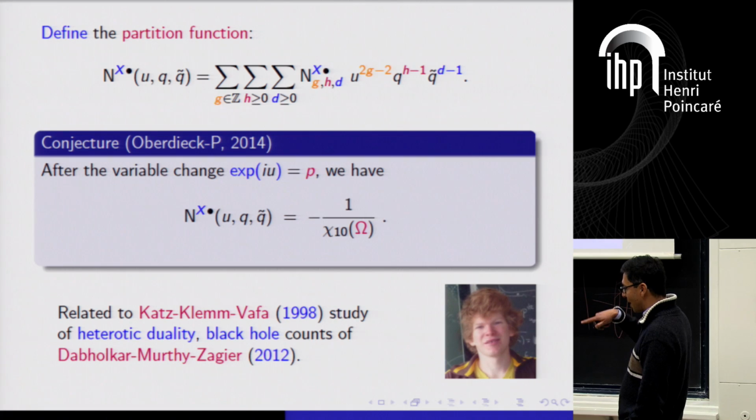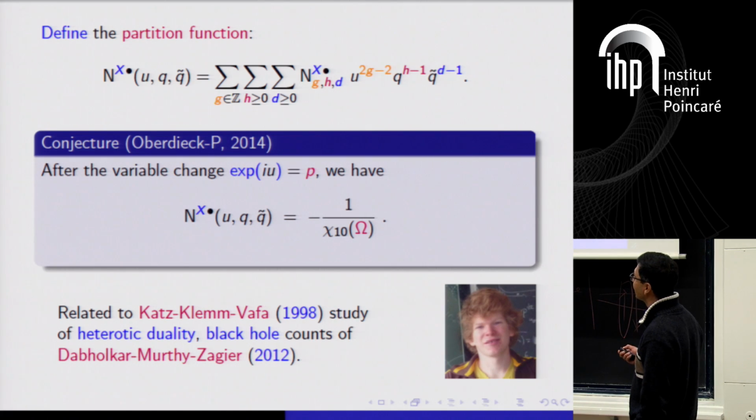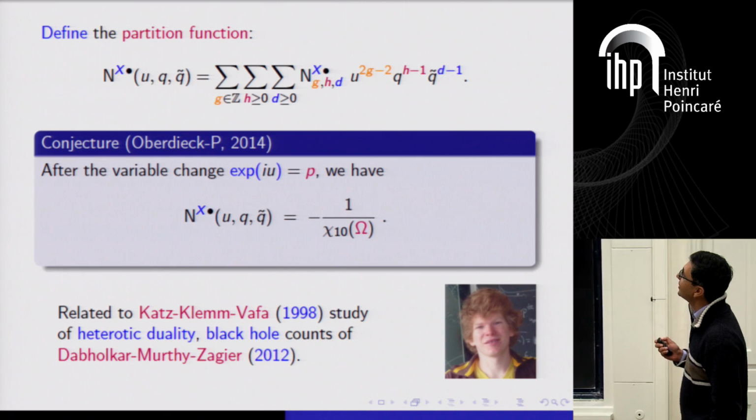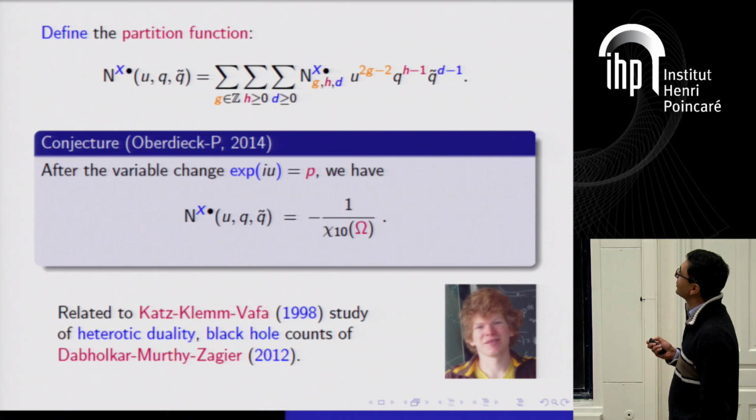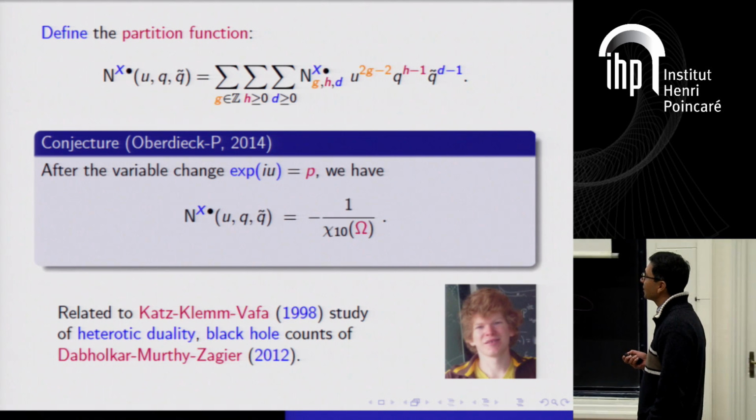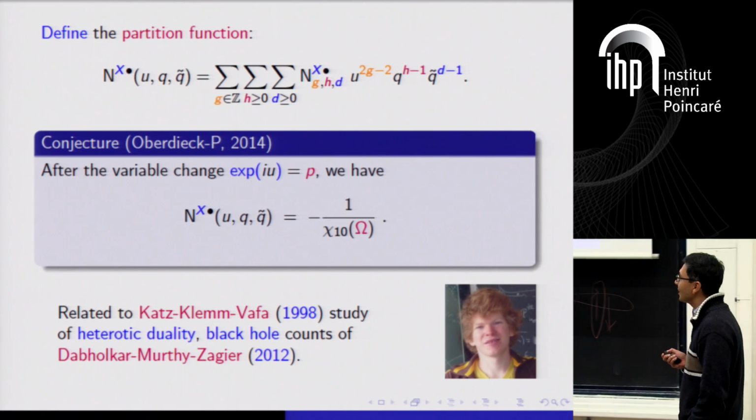It's most closely related to Katz-Klemm-Vafa in 1998. This function, in a different guise, had appeared in their study of heterotic duality and black holes, and also in work of Oberdiek and Zagier in 2012.